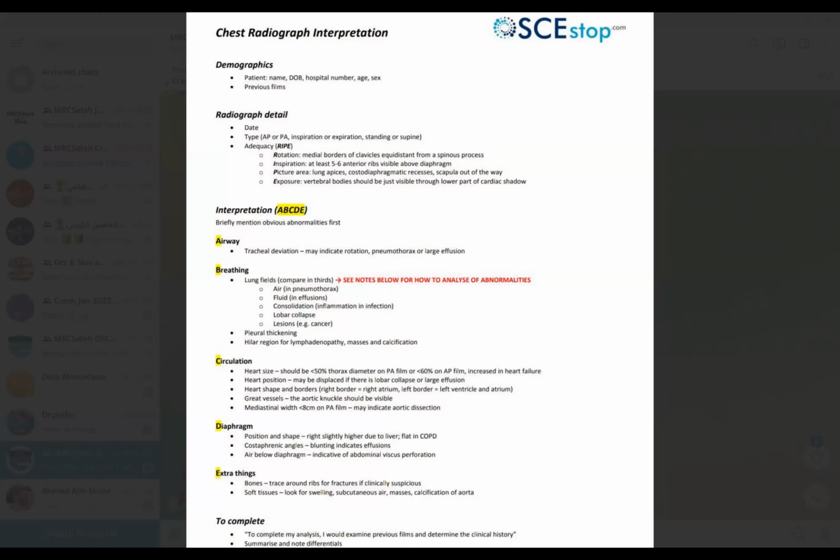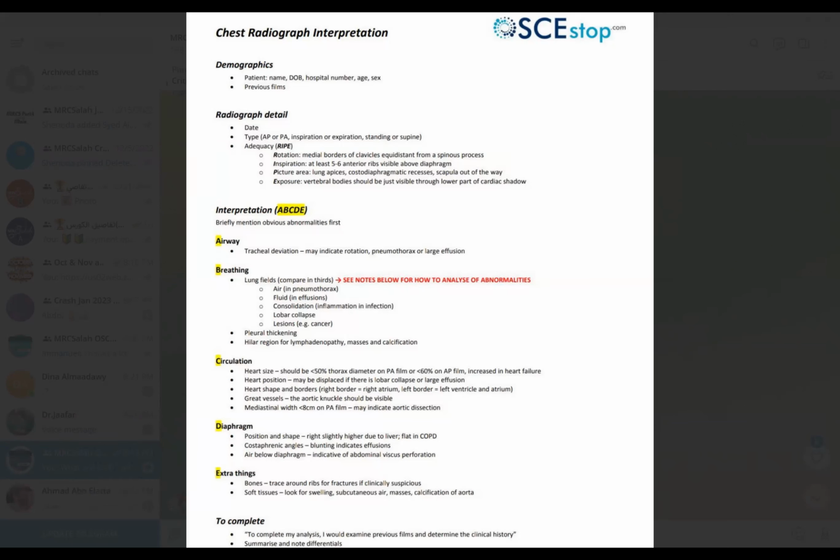Breathing: you will look for lung fields, consolidation or lobar collapse. Circulation: you will go for the pericardium, heart size, then diaphragm, the costophrenic angle, and the position and shape of the diaphragm. By this way, if the question asks you what is the pathological finding in this X-ray?